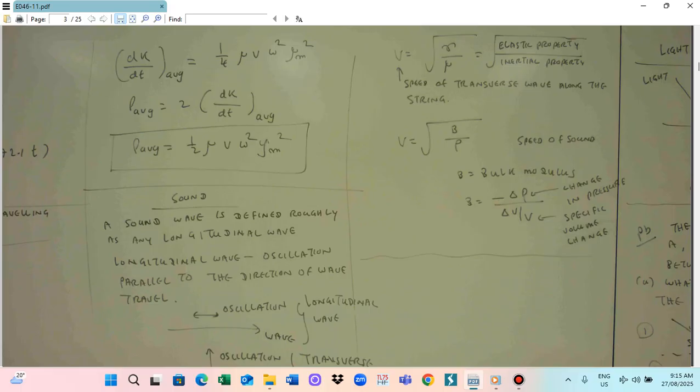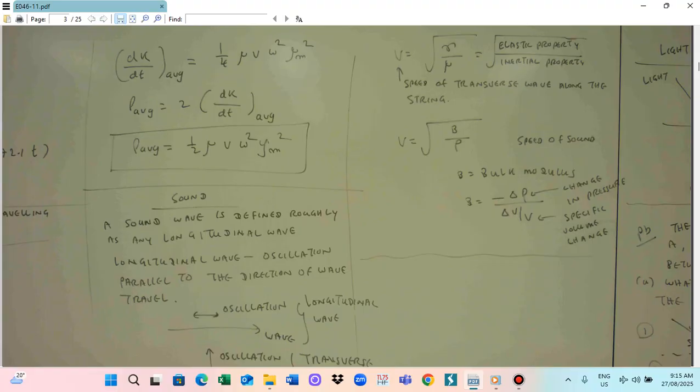Those things influence the velocity of the sound. So this B can be calculated as minus delta P by delta V by V, and P is the pressure. By this way, we can calculate the sound velocity. Sound velocity depends on the region, and when the sound is passing through some regions it depends on the density. Whether the density is high or low can determine the speed of the sound.